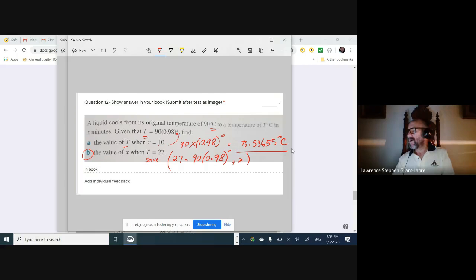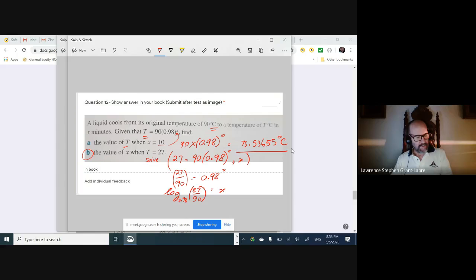That's a lot quicker. Or you could take the 90 across and it is then the log of 27 over 90 to base 0.98. Again, you could still use a calculator to get that.